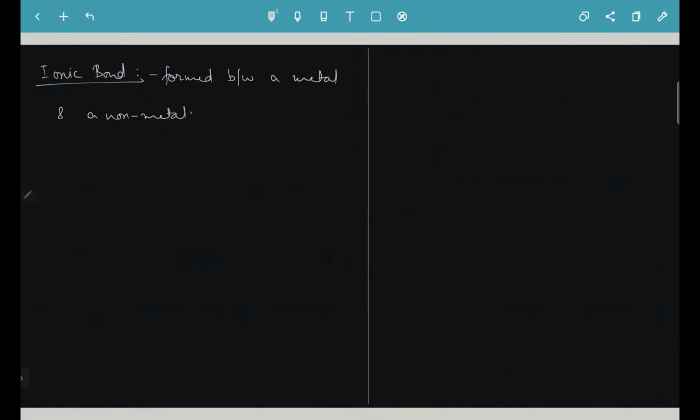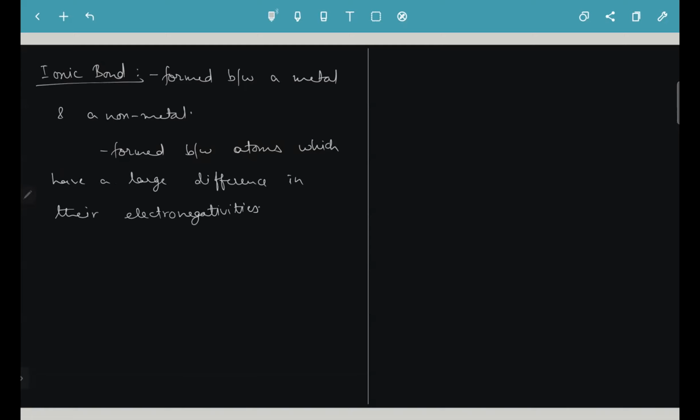Or you can say that it is formed between atoms which have a large difference in their electronegativity. ठीक है.